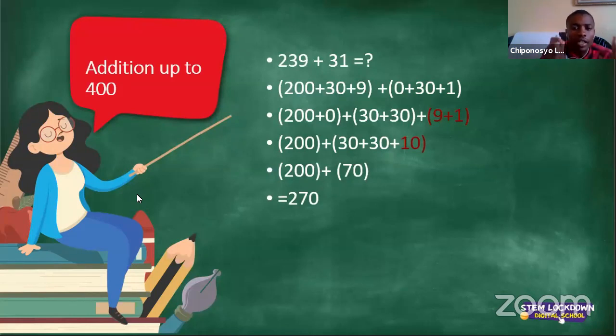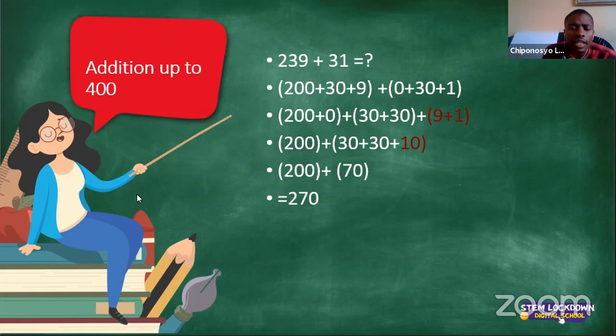Now we've got 239 plus 31. You now break them up. In 31, we have no hundreds, so in the place of the hundreds, we put 0. And now we break it up. We have 200 plus 30 plus 9.